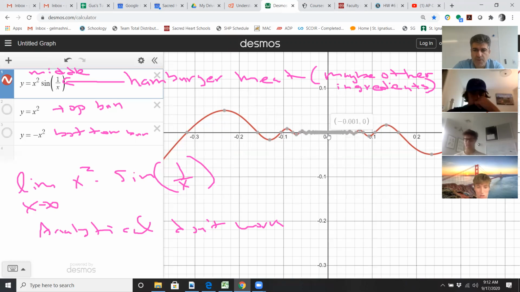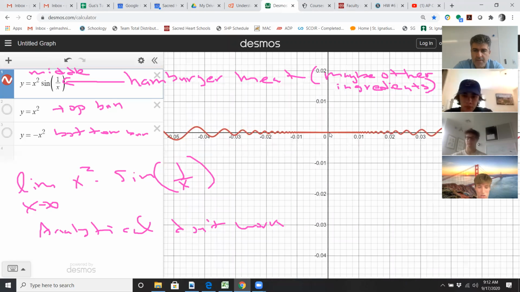I can't plug in 0. It says undefined, which should make sense, because 1 over 0 is undefined. How do I find the sine of that? It's a strange phenomenon, but the bottom line is that graphically, it does get close to 0.